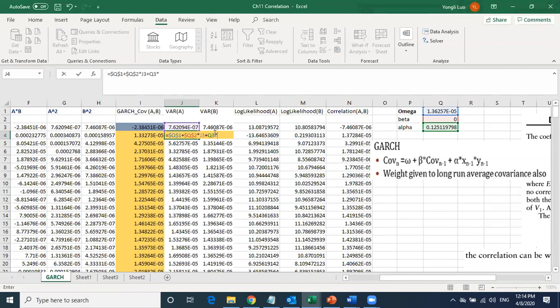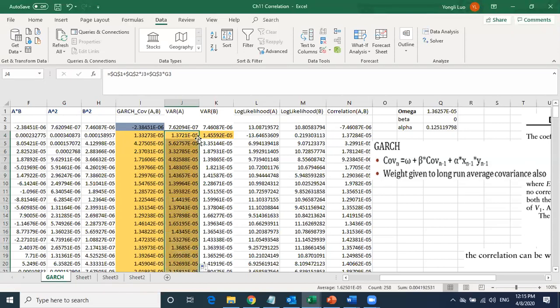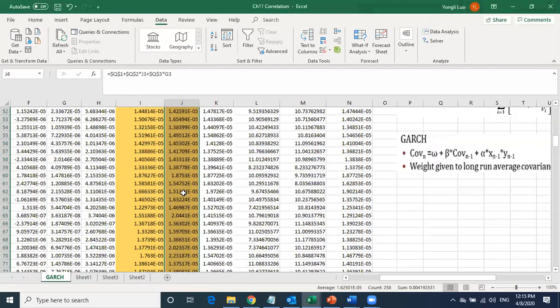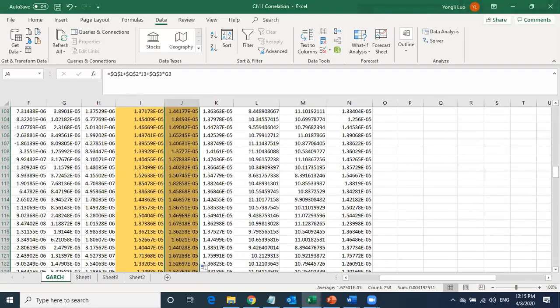We need to fix alpha too. Now that we have this formula applied, you double click and get it all the way down.